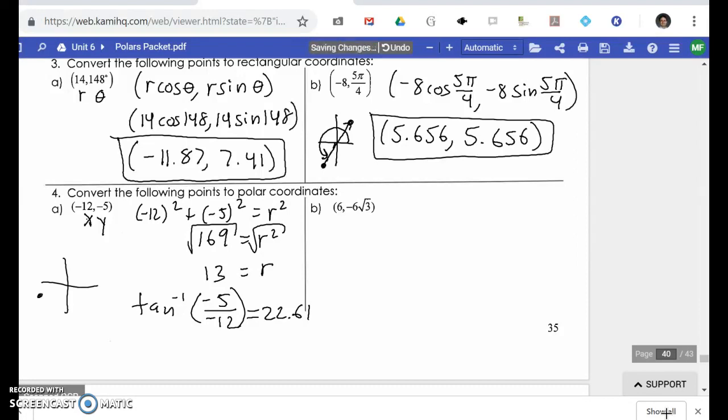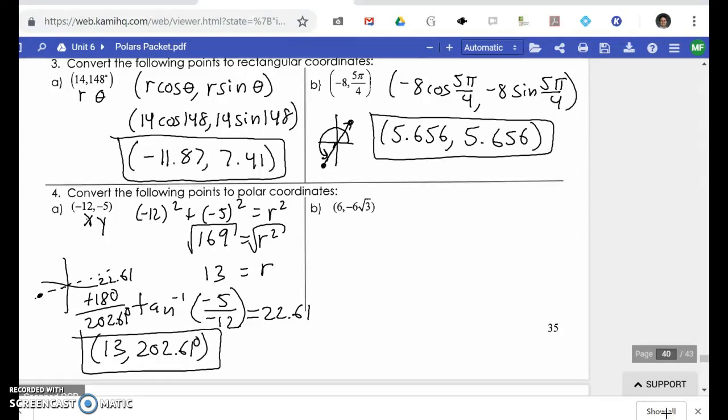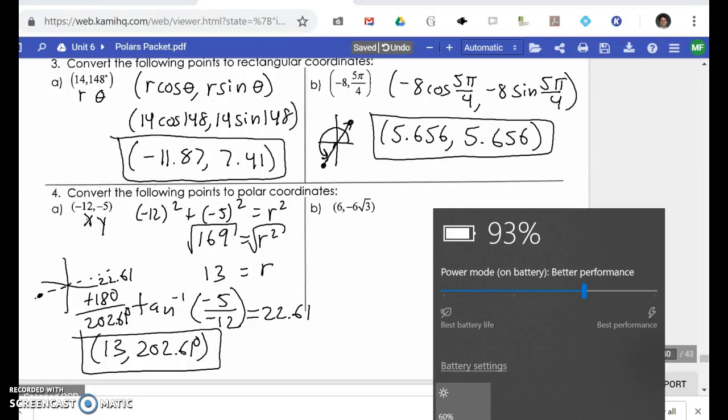That is not the angle 22.61. The angle 22.61 is like this angle. So this is the case where you want to add 180. Which will give us 202.61 degrees. So the polar coordinates would be radius of 13, angle 202.61. You could give your answer in radians, but then you'd have to add pi instead of 180, which seems kind of complicated. We'll do the same thing for b.